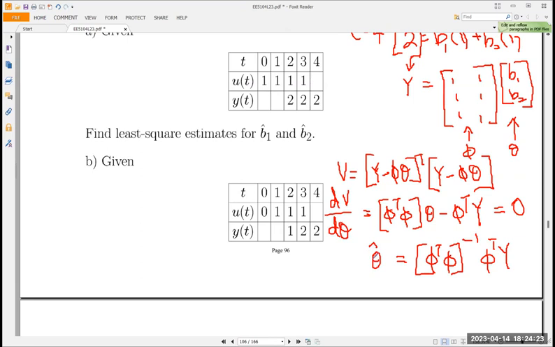You can easily solve for theta hat. But there will be a problem. You look at the solution, there will be a problem.